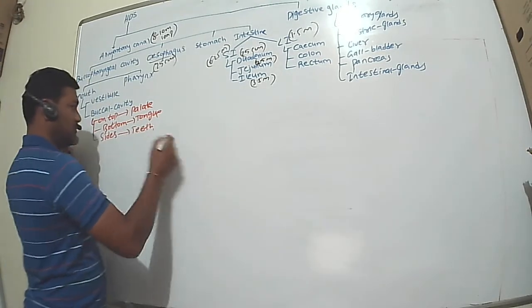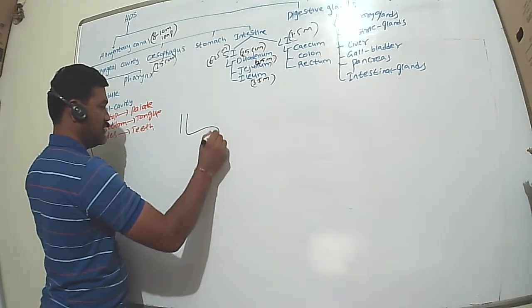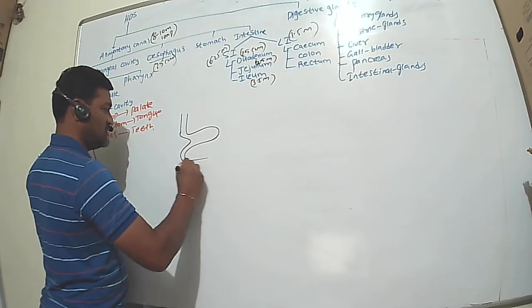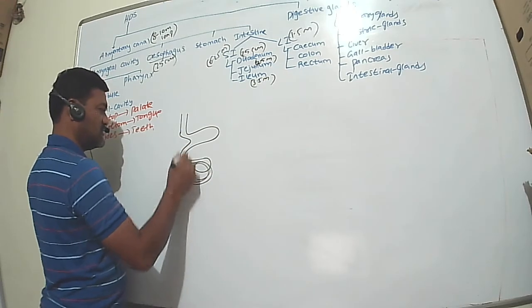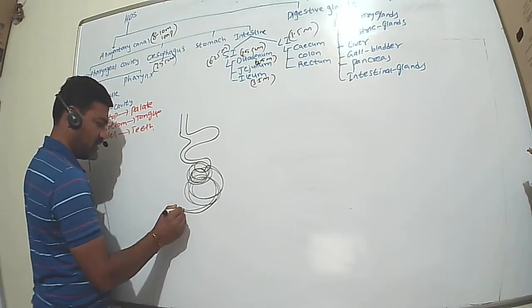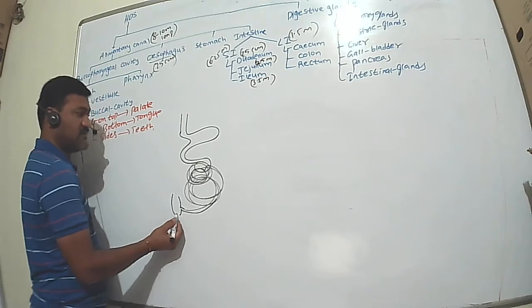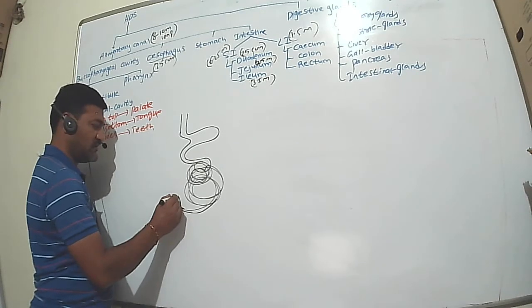So now this is again the stomach, esophagus, stomach, and this is the duodenum, and this is the jejunum, and then this is the ileum, and finally you enter into the cecum. Cecum is the starting part of the large intestine.